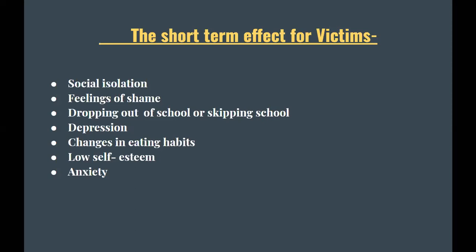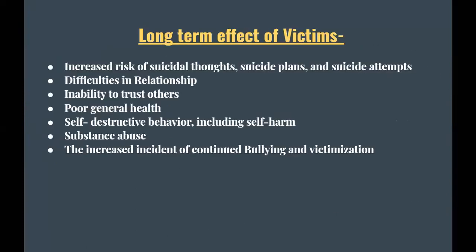It is said that eating habits can change, which is a common one, a big one, and anxiety, depression, low self-esteem. I would say for me, I experienced the social isolation, the low self-esteem, and anxiety, and that was kind of what happened for me.